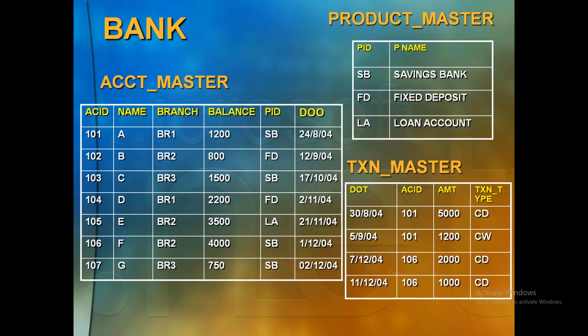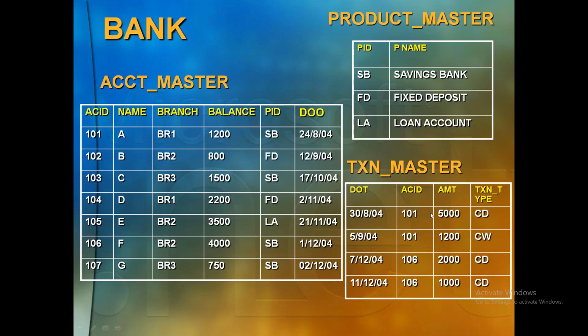After opening an account, I do the transactions. There's a transaction master table with the transaction date, the account number, which is a primary key in one table and a foreign key in this table, and the amount. CD means cash deposit, CW means cash withdrawal, under transaction type. So one customer can do many transactions.